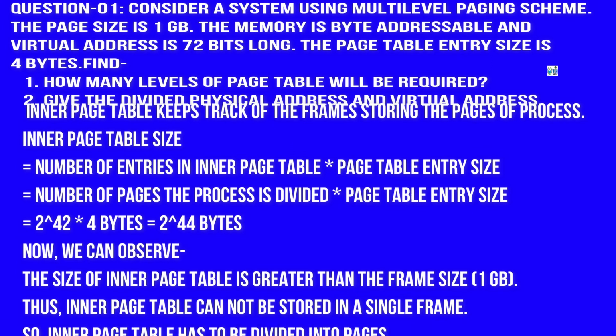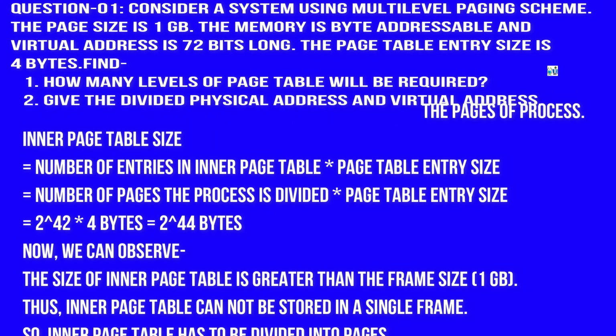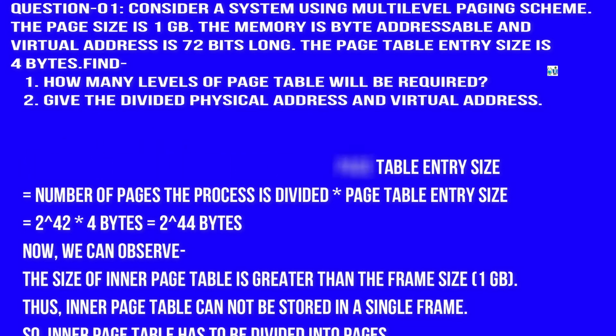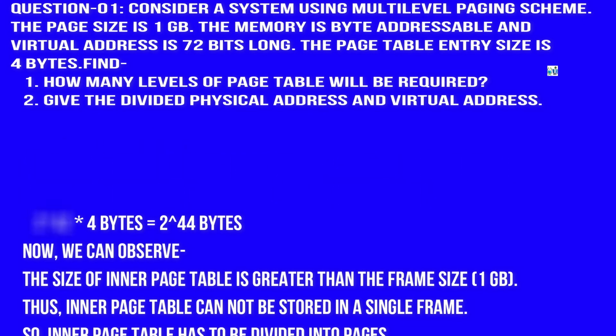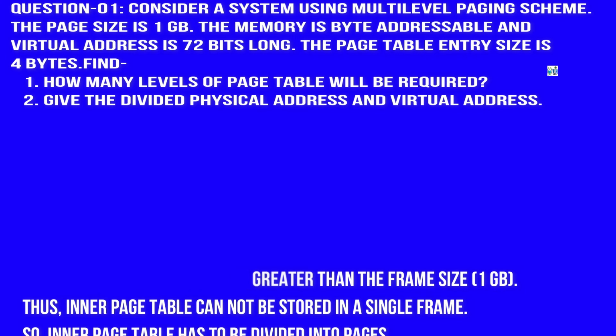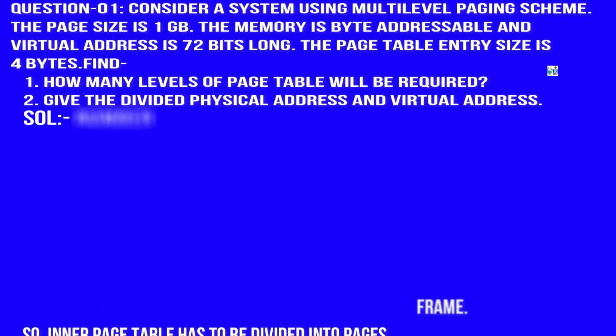It means 2 to the power 42 times 4 byte equals 2 to the power 44 byte. Now we can observe that size of inner page table is greater than the frame size 1 GB. Thus inner page table cannot be stored in a single frame. So inner page table has to be divided into pages.